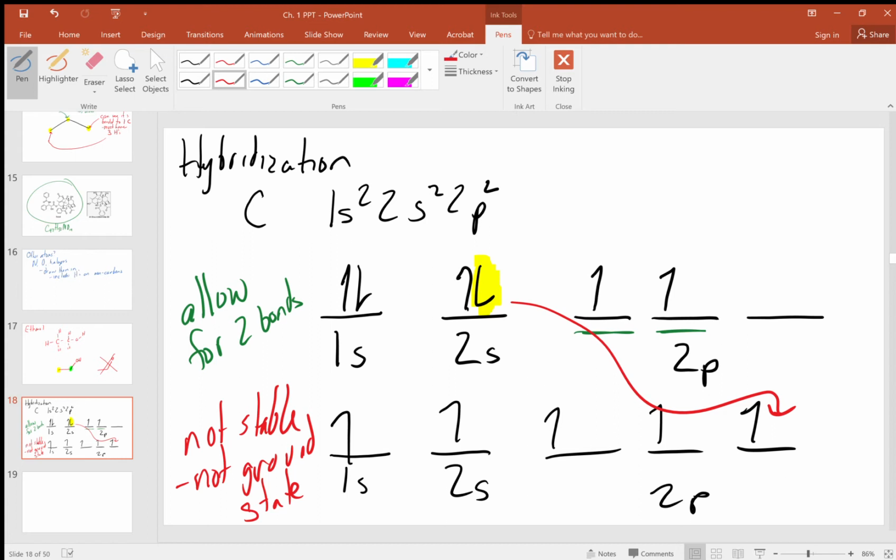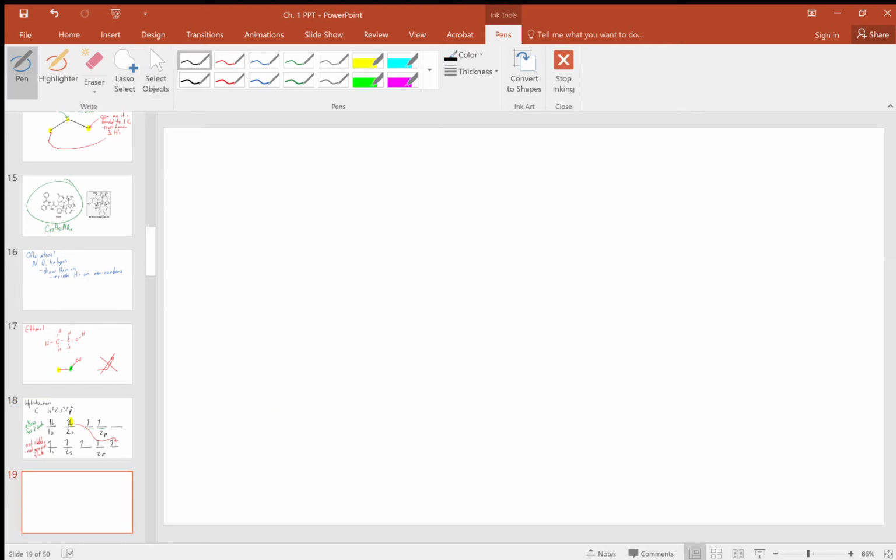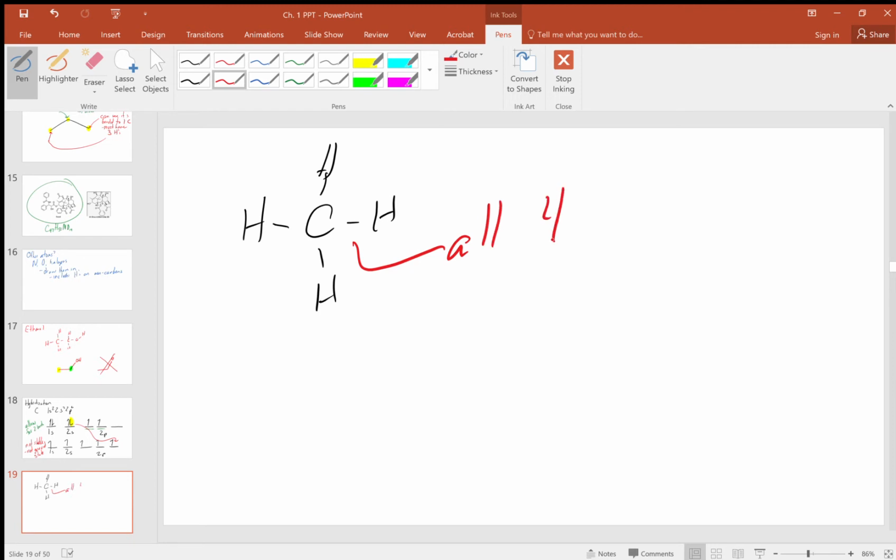There's also a second problem with doing this. If we look at methane, which is the simplest organic molecule that we have, carbon with 4 hydrogens, we find all 4 CH bonds are equivalent.